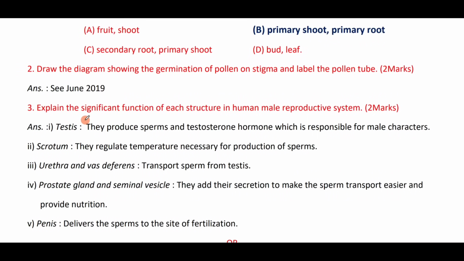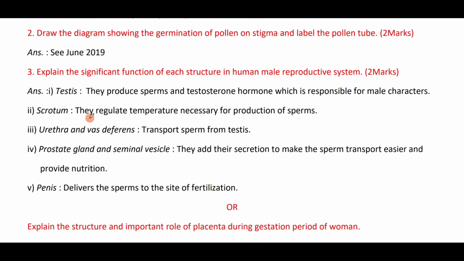Repeated question in many of the examinations: explain the significant function of each structure in the human male reproductive system. Testes produce sperms, which are the male gametes, and testosterone hormone, which is responsible for the male characters. Scrotum regulates the temperature necessary for the production of sperms.